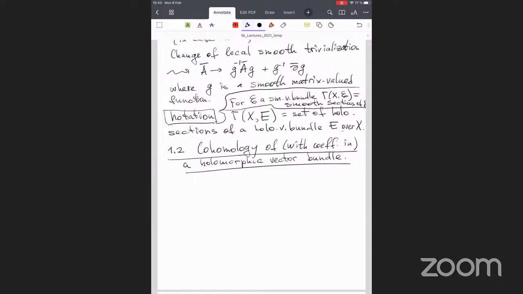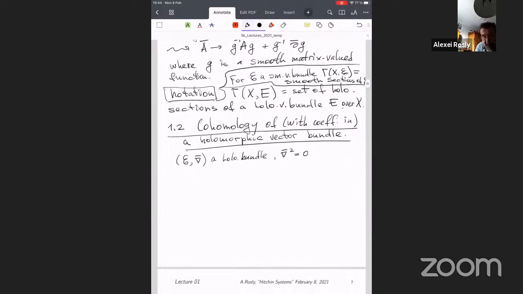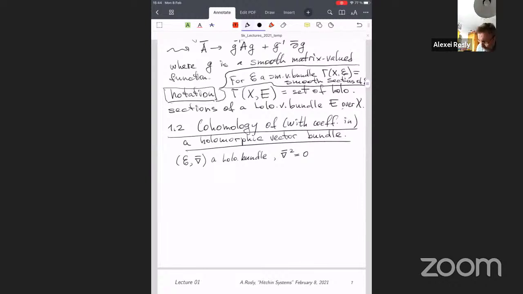Thank you. So, given a holomorphic vector bundle in the shape of the second definition, we have a smooth bundle and a d-bar connection operator. Then the operator squares to 0. And as soon as we have an operator which squares to 0, we can always think of cohomology, because the image belongs to the kernel.